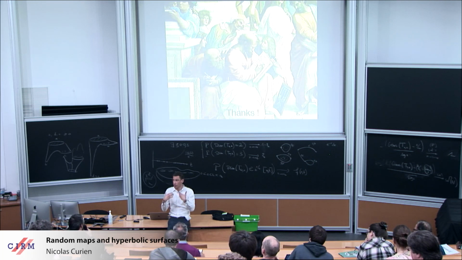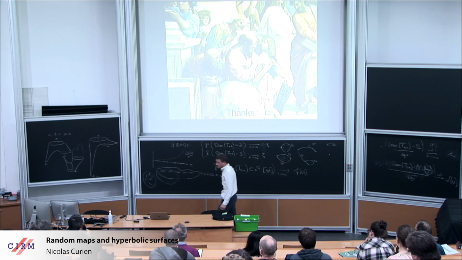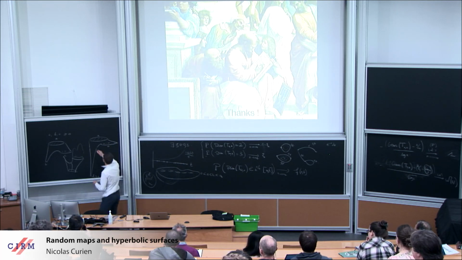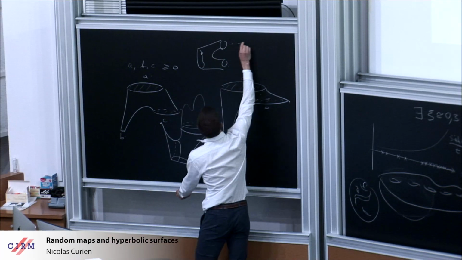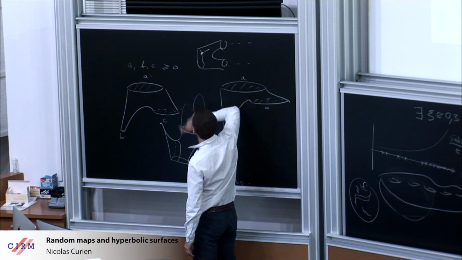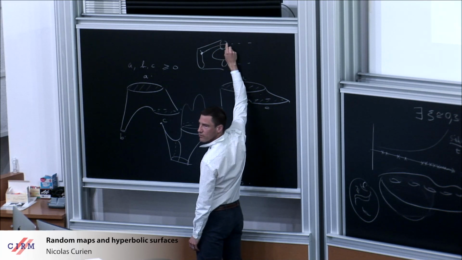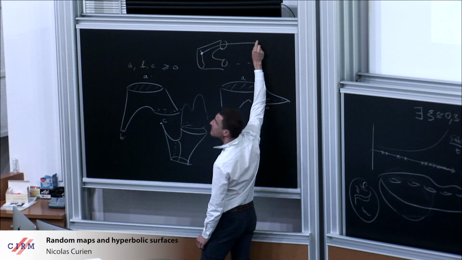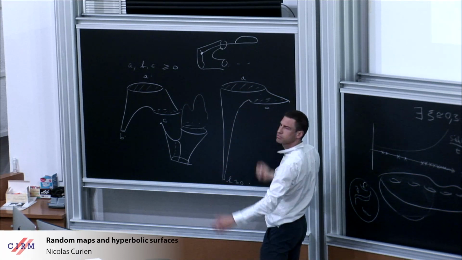Imagine you have your pair of pants, and that's in your Teichmüller space. You throw this geodesic orthogonal to that. If it goes through that, you have to explore the geodesic until the geodesic bounces on itself. Okay, I see. A nightmare for me.